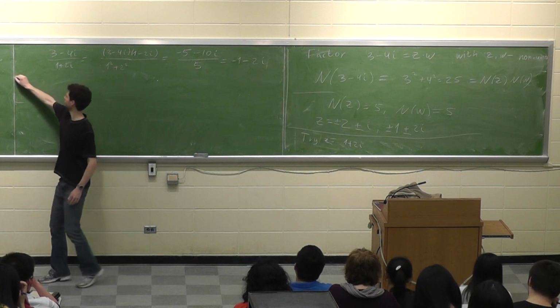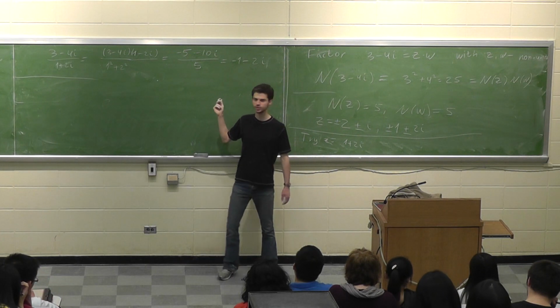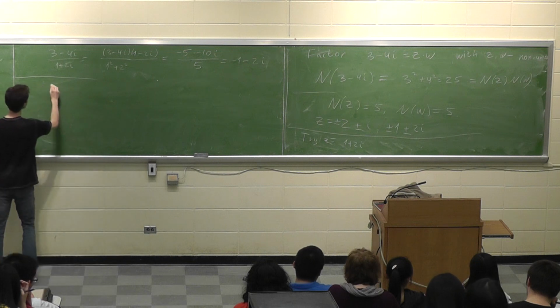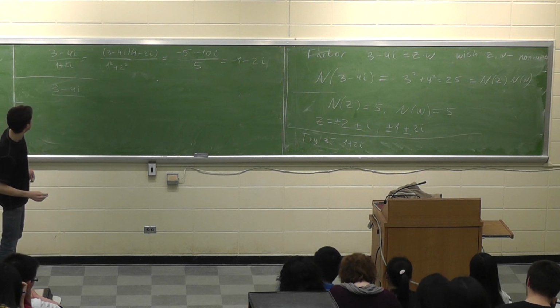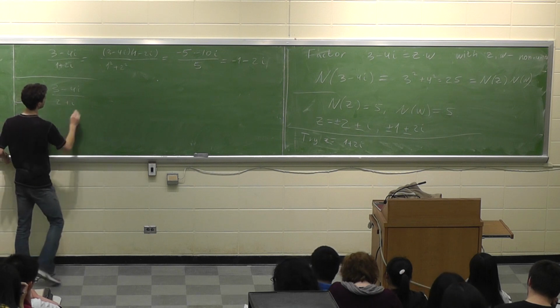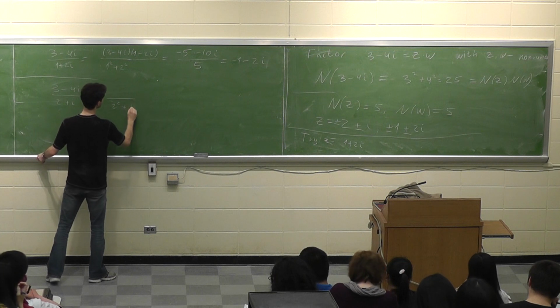So actually, there isn't only one way to write it down as a product of two Gaussian integers. If you try the other way, 3 minus 4i divided by, say, 2 plus i, you'll also get an answer.